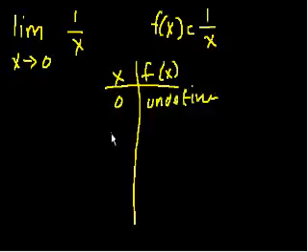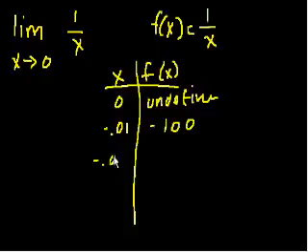But what happens when x equals -0.01? Well, when it's -0.01, 1 over -0.01 is equal to -100, right? What happens when x is equal to -0.001? So we're getting closer and closer to 0 from the negative direction.